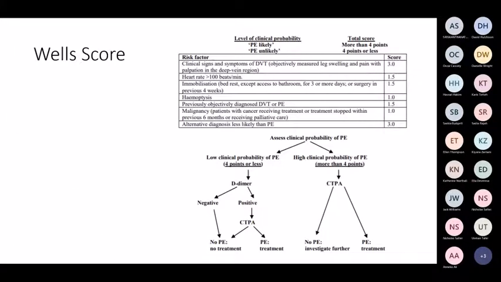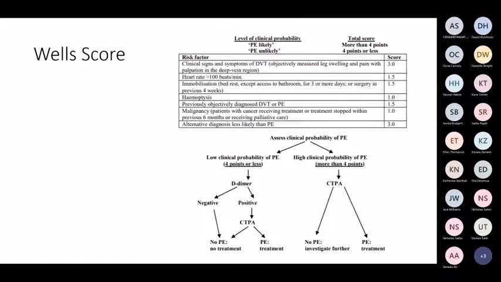So the next thing, you're going to calculate your Wells score. The criteria for the Wells score: if they've got clinical signs and symptoms of a DVT, that gives them a score of 3. If their heart rate is greater than 100, that gives them a 1.5.